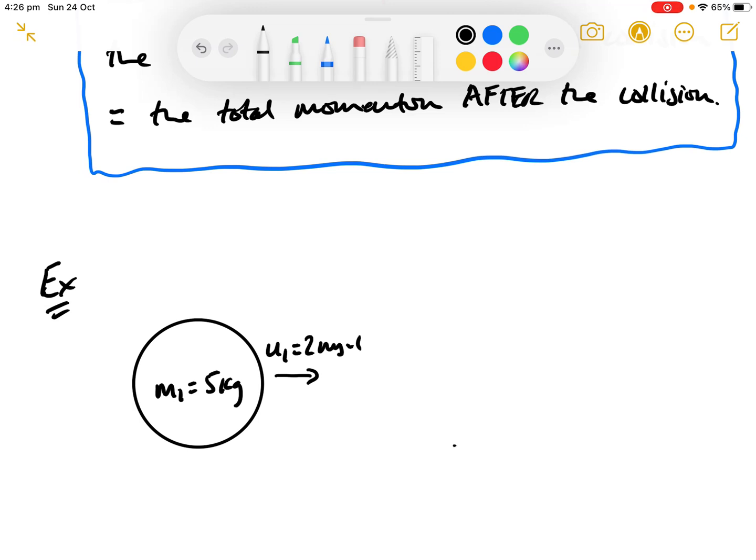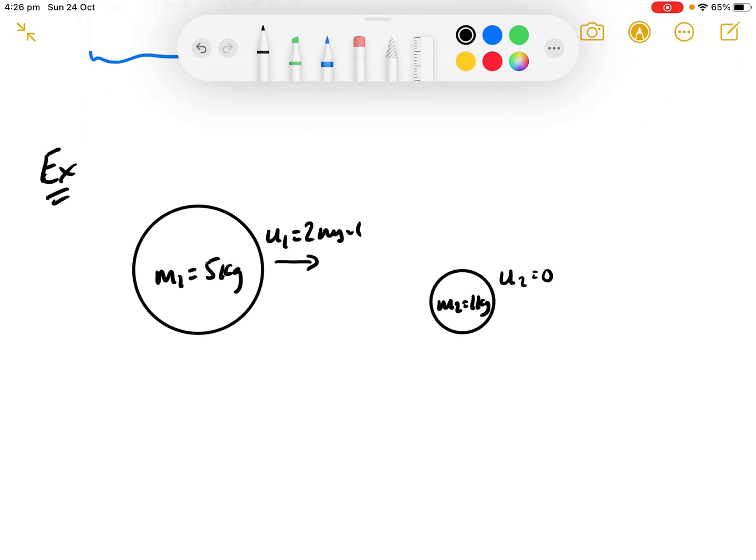And it collides with a stationary body, we'll call it M2, which is a mass of 1 kilogram and is at rest.